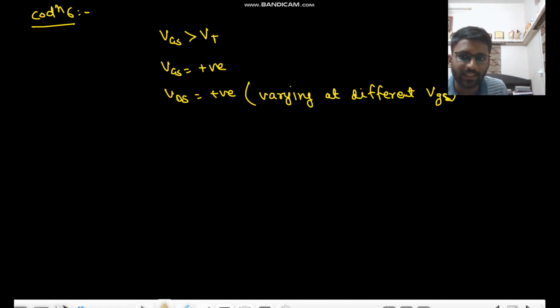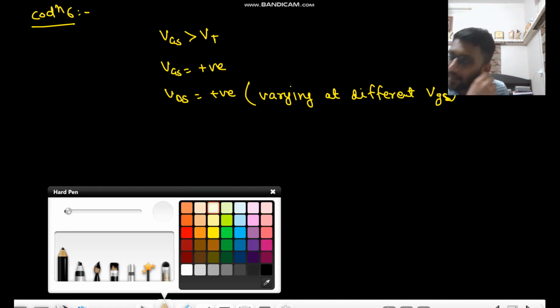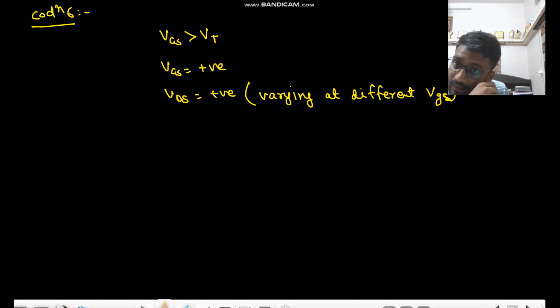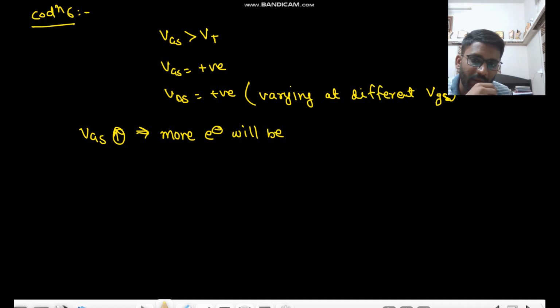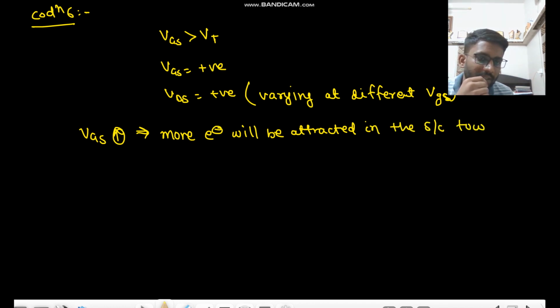So if VGS increases, more electrons will be attracted in the semiconductor towards the oxide layer.